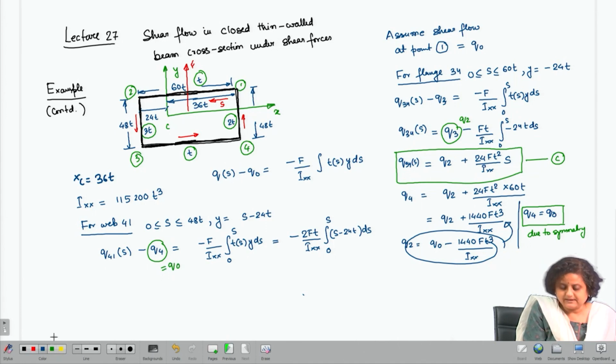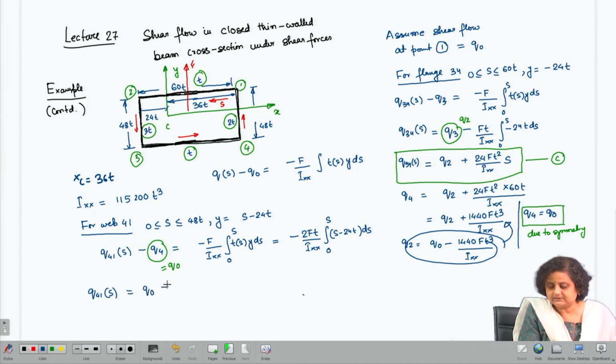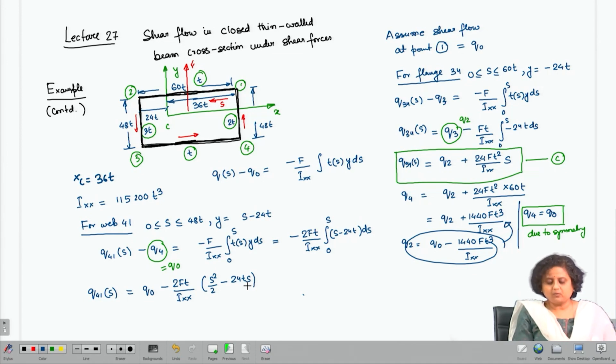So, we can write Q41S is going to be Q0 minus 2Ft by Ixx times S square by 2 minus 24tS.